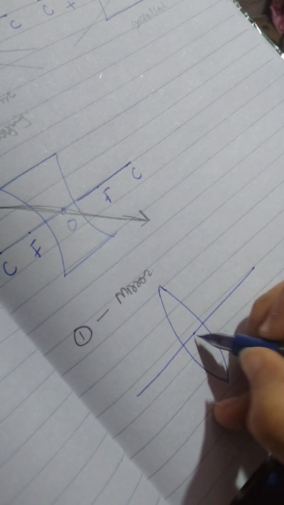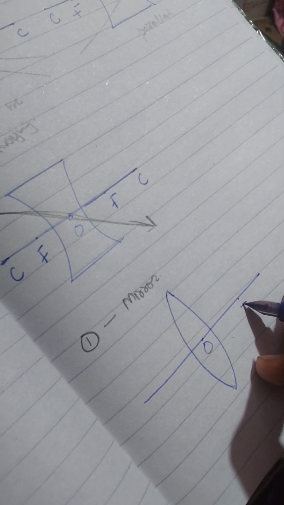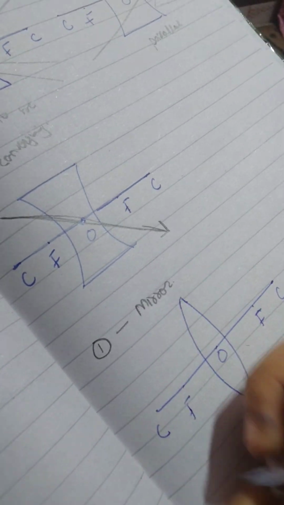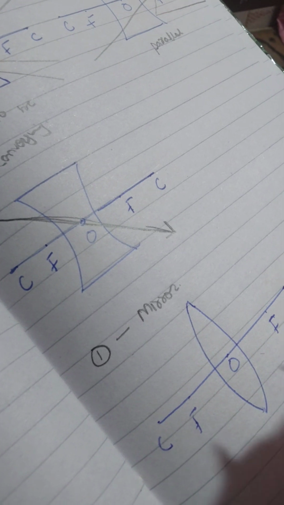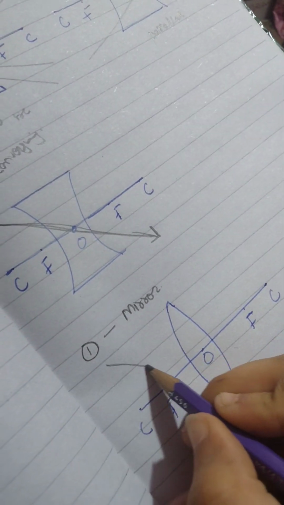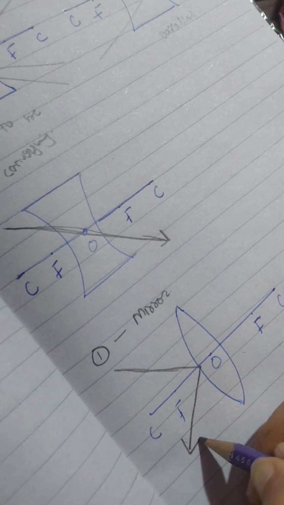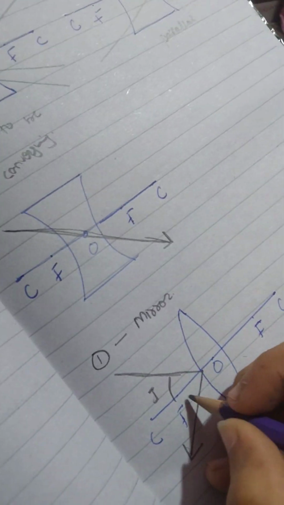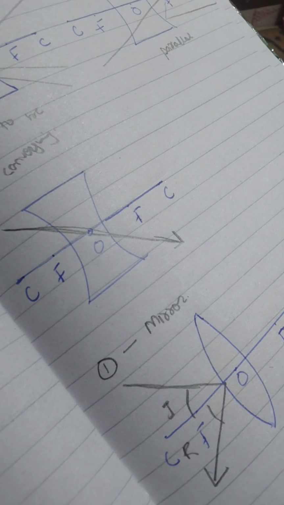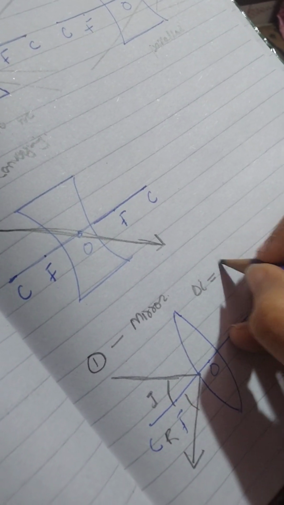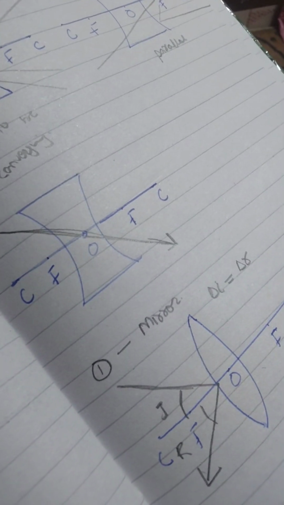And this is optical center, this is focus, this is curvature, focus and curvature. If a line moves from the pole, the incident angle will be equal to the reflected angle, right? Angle of incidence will be equal to angle of reflection, right?